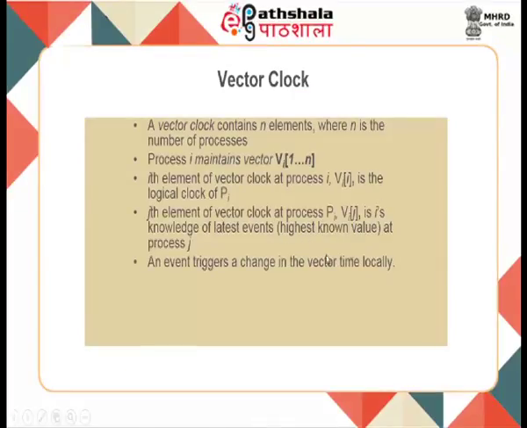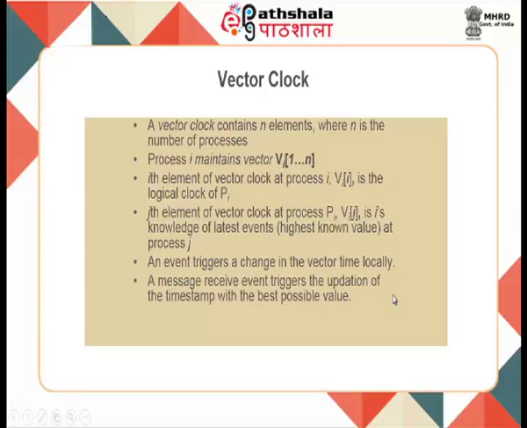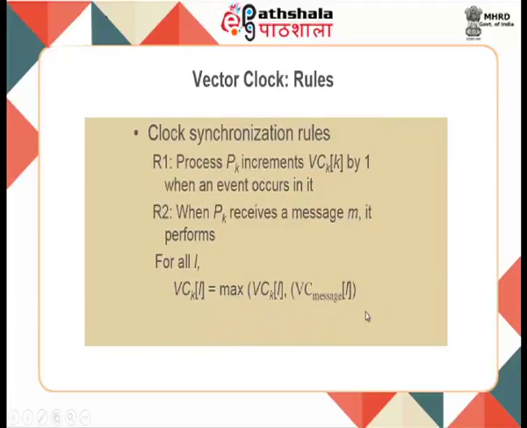Similar to a logical clock, a vector clock also makes changes in the clock values, and a message will carry a vector of n values. So, what are the rules of the vector clock?